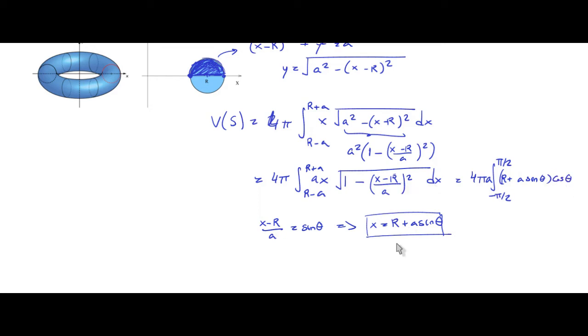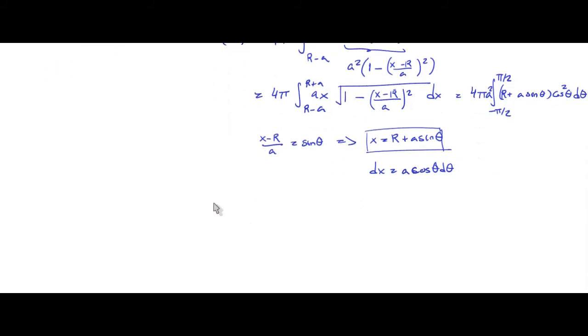And now what happens with dx? Well, dx is a times the cosine of theta d theta. So you have a squared out, cosine squared d theta. This is now our integral. Now let me go down here.